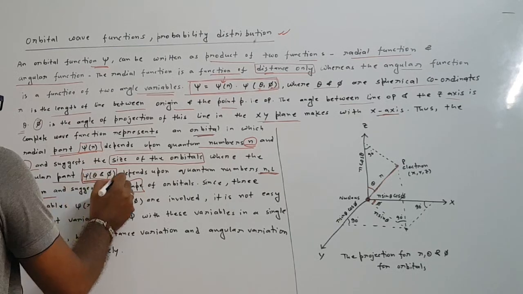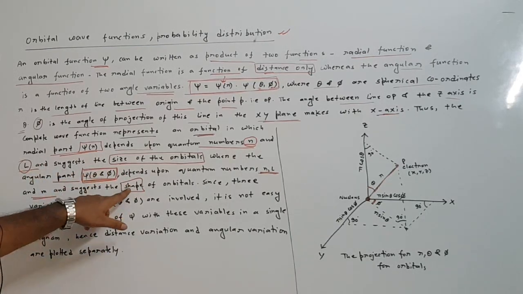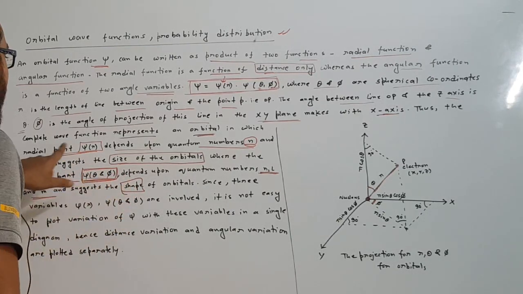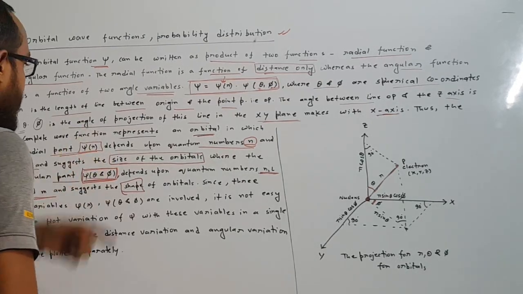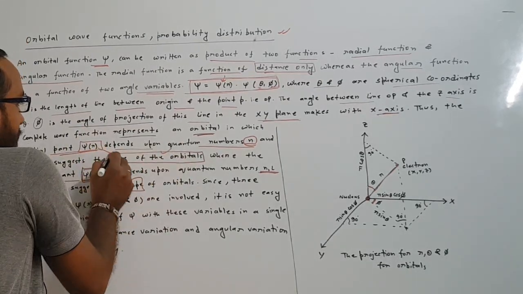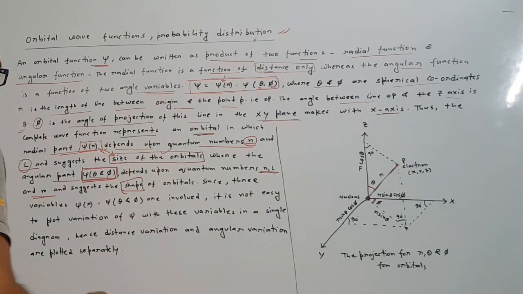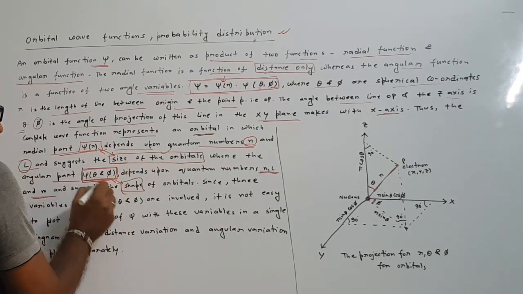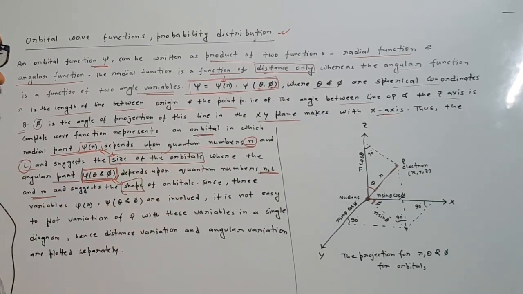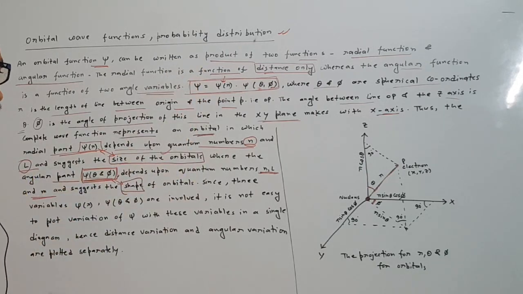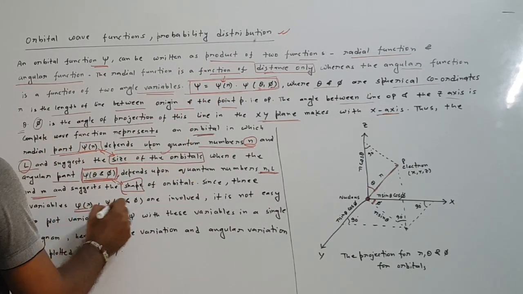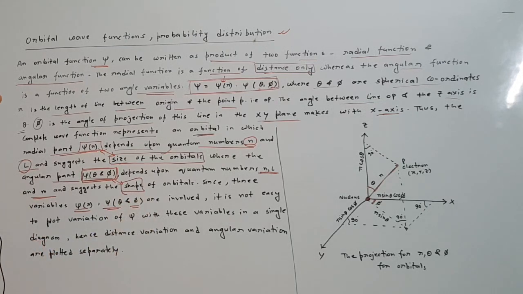So this angular wave function suggests the shape, and this radial part indicates the size of the orbital. So psi of r is related to the size of the orbital, and psi of theta comma phi indicates the shape of the orbital. See here we have three functions, right?